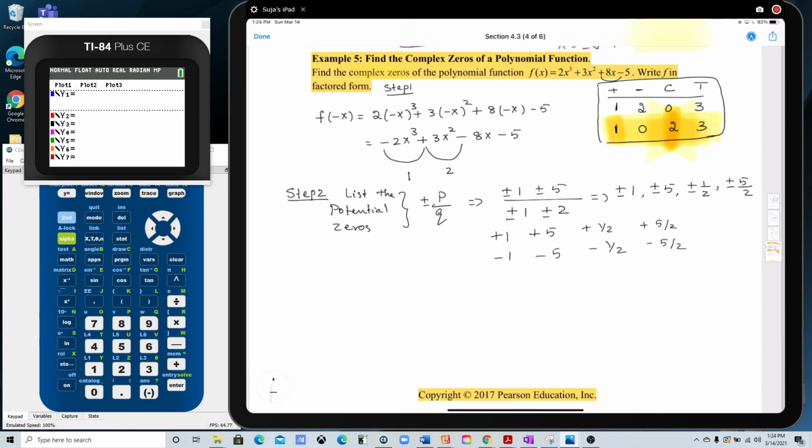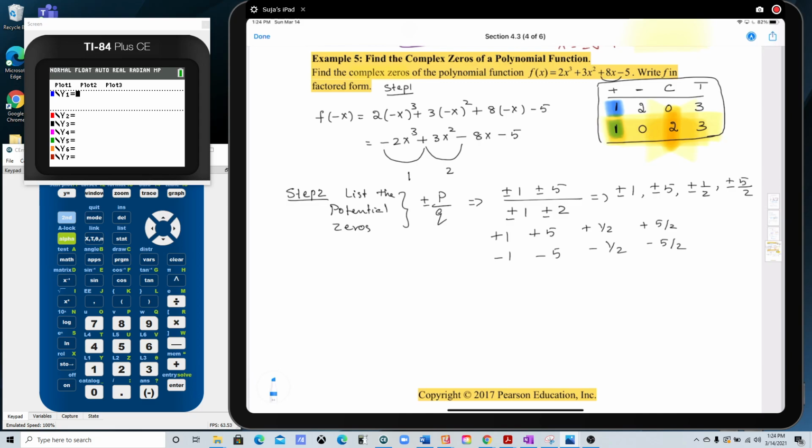Now, one of the things I can see here is since either if it's the first category or the second category, I must have one positive zero for sure, right? One positive zero. So even if my answer is going to be the first or the second, there should be one positive zero.